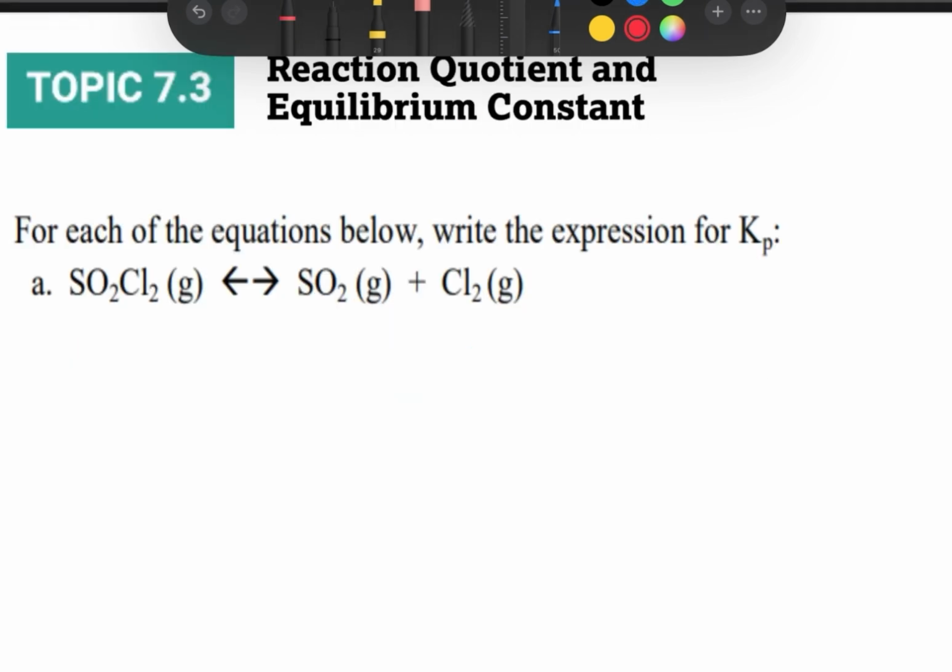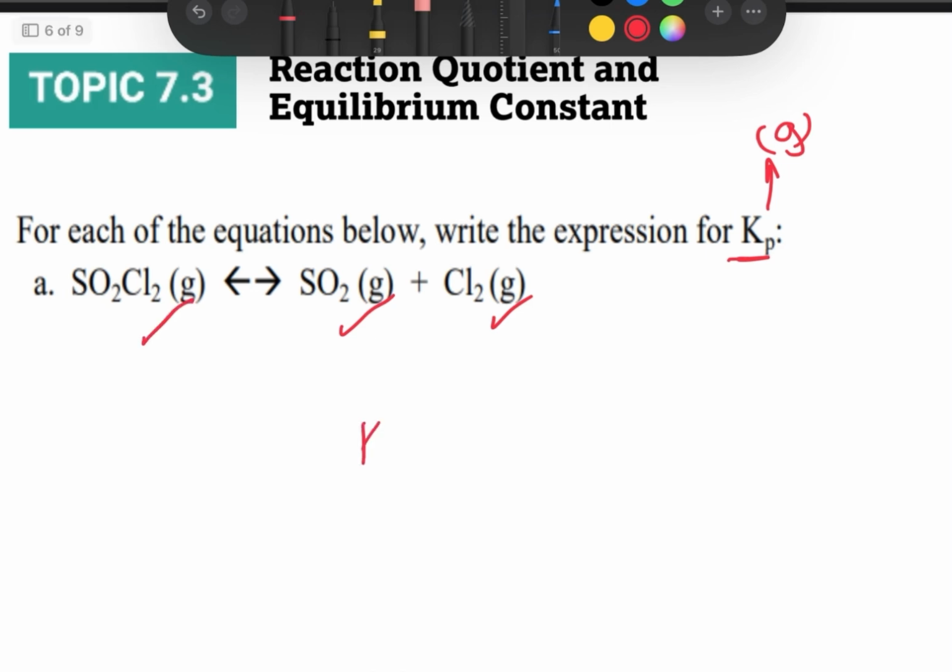Pause the video and read it carefully. For each equation below, write the expression Kp. Kp only takes the gaseous species. So this is gaseous, this is gaseous, and this is gaseous.